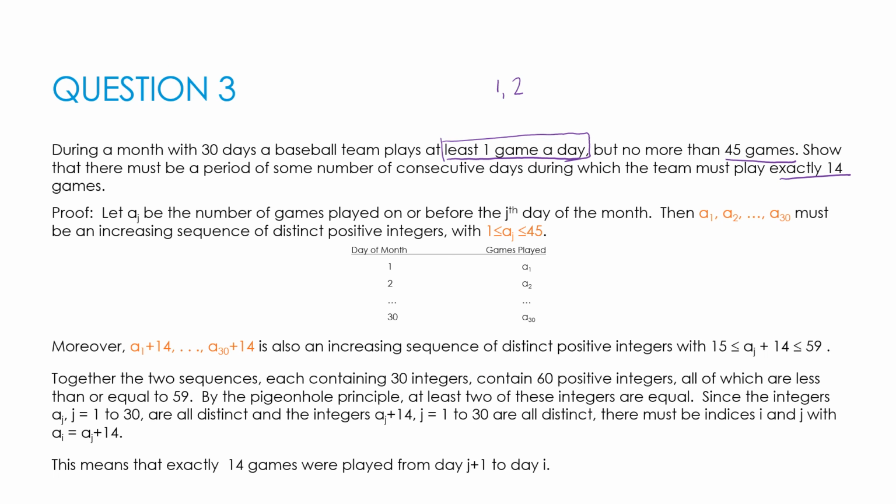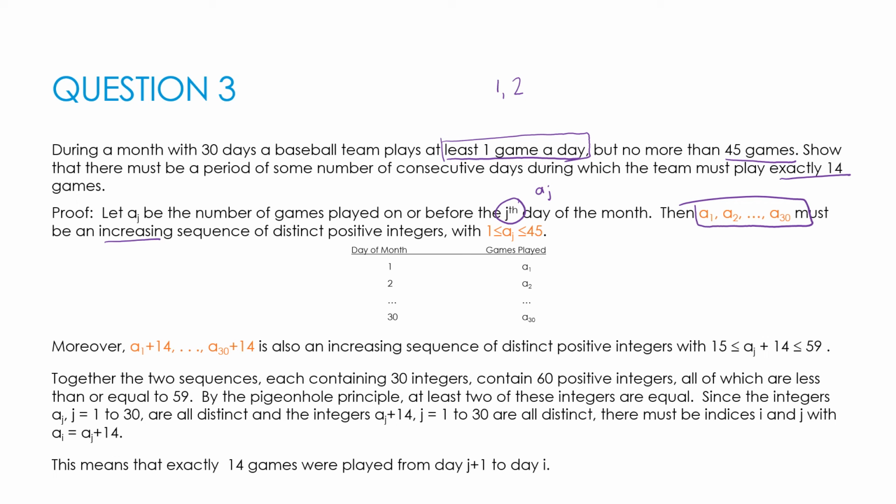So what I'm going to do is let A sub j equal the number of games they've played up to the jth day of the month. So A sub j is the number of games played on or before the jth day. Then my series of numbers must be increasing, because it's increasing by at least 1 every day.